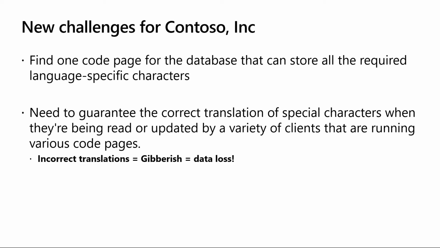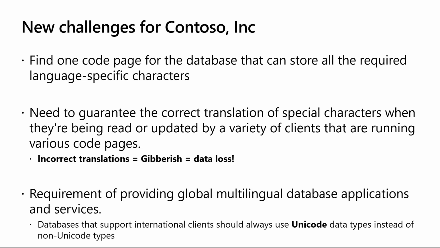And when you join data to send to the client application, you need to ensure that there is a correct translation of all the special characters from each of the code pages, and you're not generating garbage, gibberish, because gibberish means data loss. If you use that result set to then store in some other table and you're storing gibberish because you couldn't translate characters correctly, you have data loss. If you are presenting gibberish to the client application, you have data loss. So it is very important to think about the concept of a code page when you think about what you may potentially store as strings in your database.